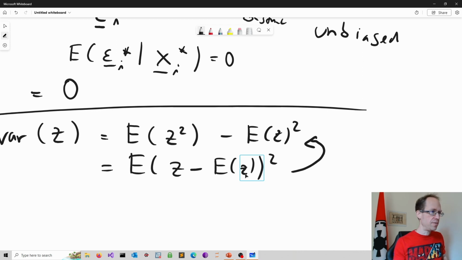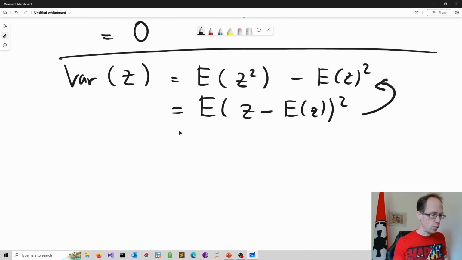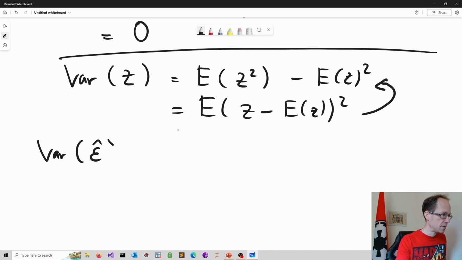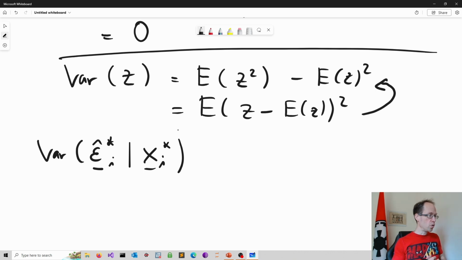When we apply this equation to our term, so if we look at a covariance matrix of my epsilon hat star i, given the data matrix in the event window, I apply the same principle. So I end up with an expected value of something to the power of 2.